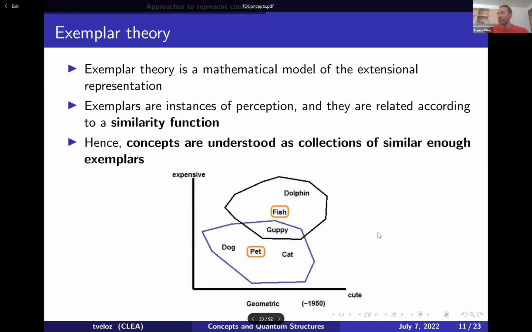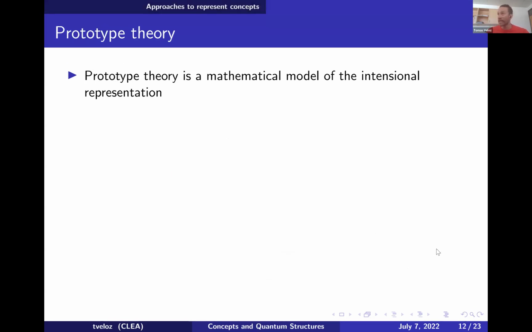Basically, theories of concepts are geometrical representations of their meaning. So we have the pet and the fish, let's say, and then guppy is in the intersection. So that's why it applies to both. But basically, I will go for the second one and then do the criticisms.